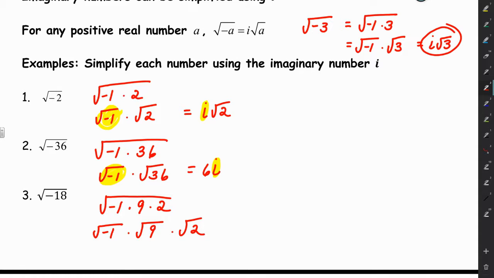The square root of -1 is i. The square root of 9 is 3. And there's not anything else we can do with root 2. So our final answer here is 3i root 2. And again, the square root of -1 part is right here with the letter i.